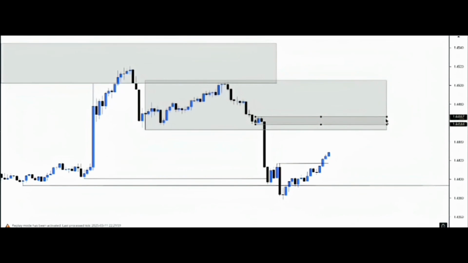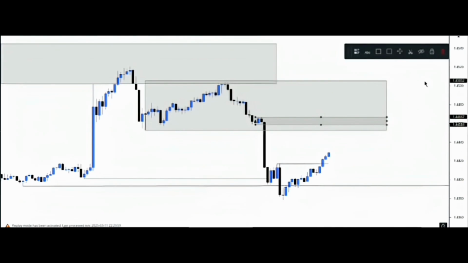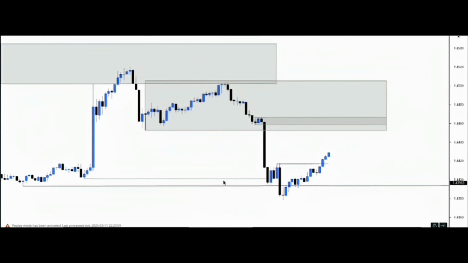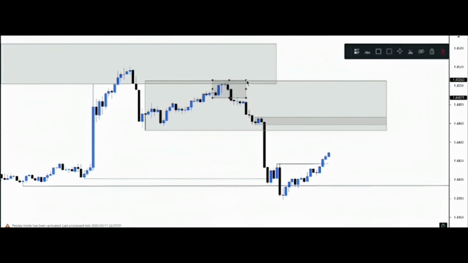But when you are refining in a large zone like this, you need to consider the extreme order flow. And where is the extreme order flow here? If you mark this as your extreme order flow, it's already mitigated by that candle, as you can see. That's a valid pullback there. It's already mitigated, so we cannot use that one.